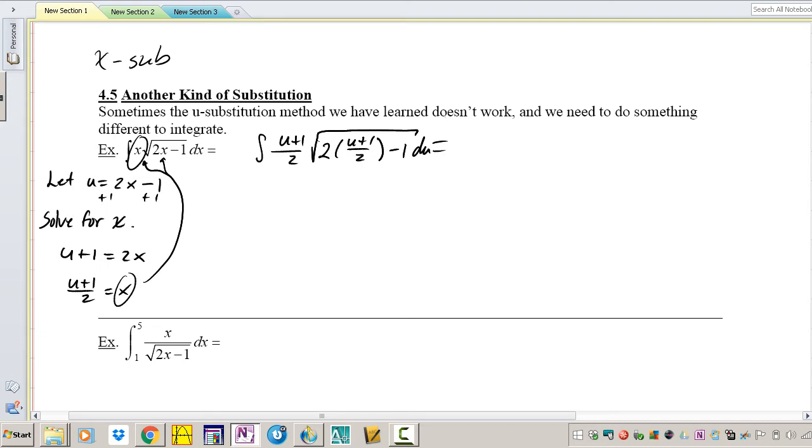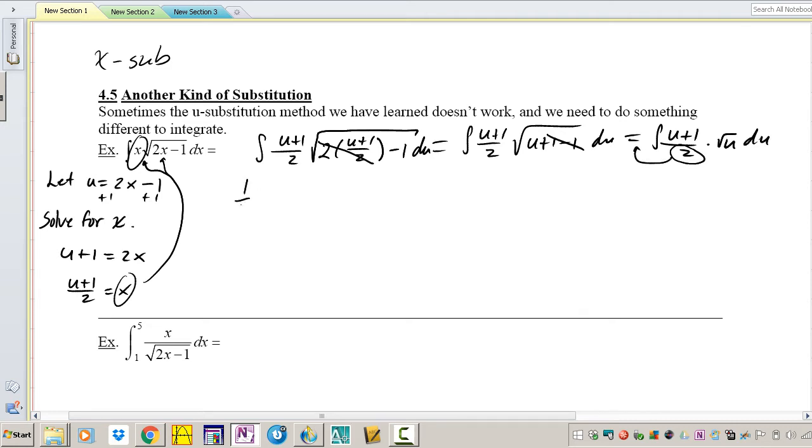Now I can cancel out those 2s so that it becomes (u plus 1) over 2 times the square root of u plus 1 minus 1, du. Well, plus 1 minus 1 goes away, so I really just have (u plus 1) over 2 times the square root of u. And remember that constants can be moved to the front, so I can rewrite this integral as 1/2 times the integral of (u plus 1) times u to the 1/2, du.